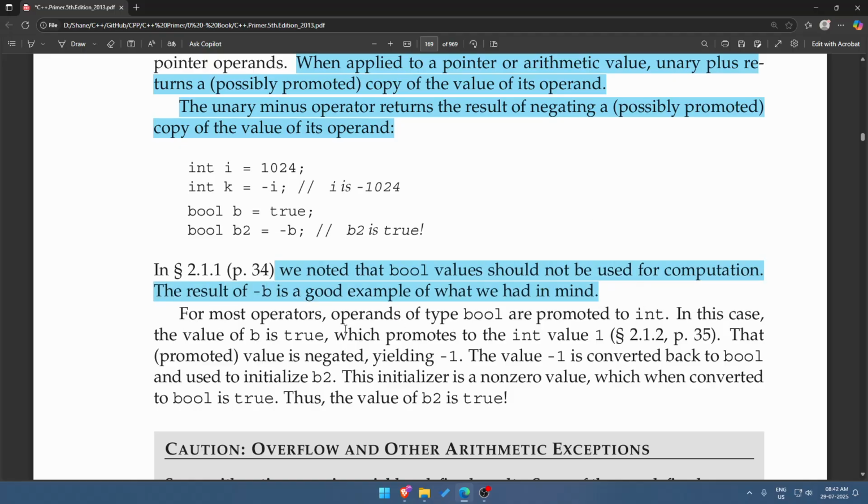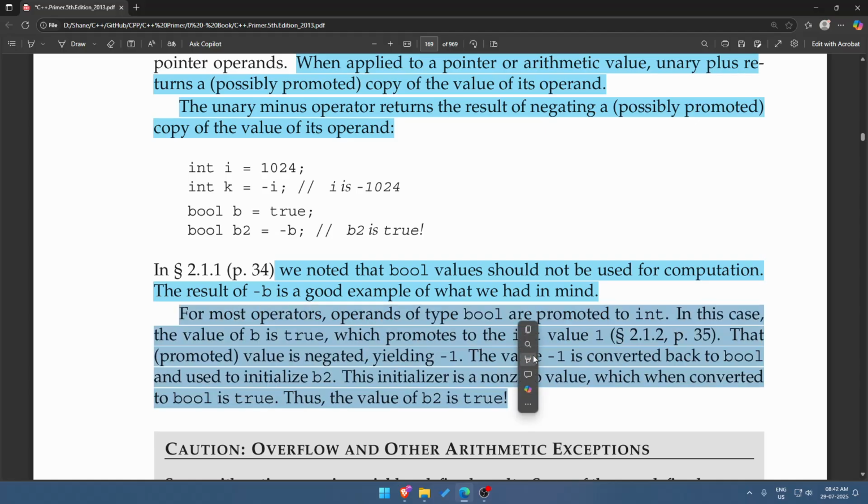For most operators, operands of type bool are promoted to int. In this case, the value of b is true, which promotes to the int value 1. That value is negated, yielding minus 1. The value minus 1 is converted back to bool and used to initialize b2. This initializer is a non-zero value, which when converted to bool is true, thus b2 is true.